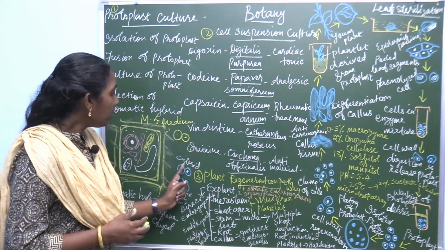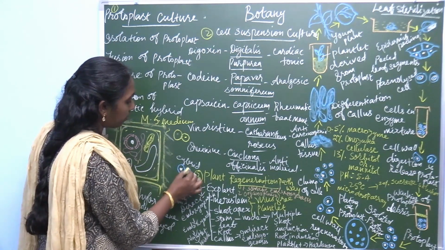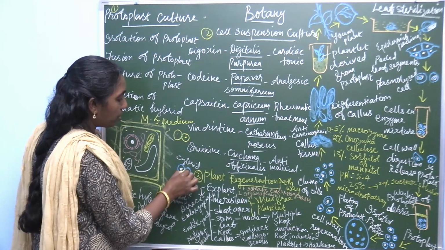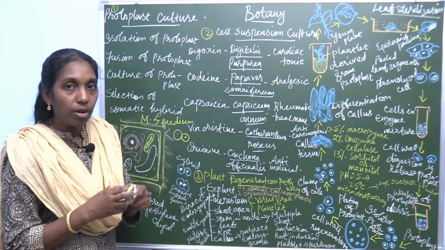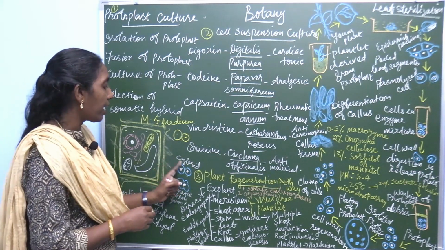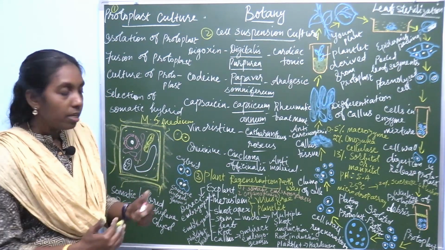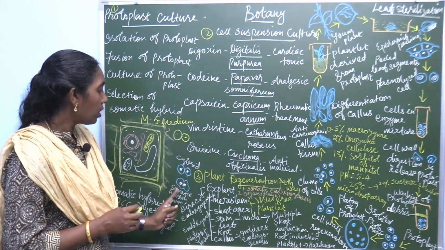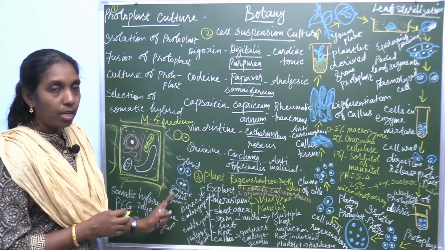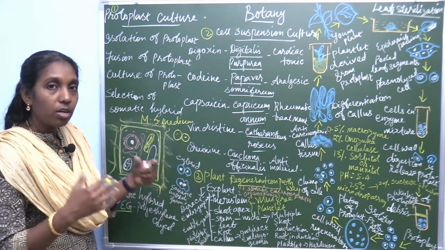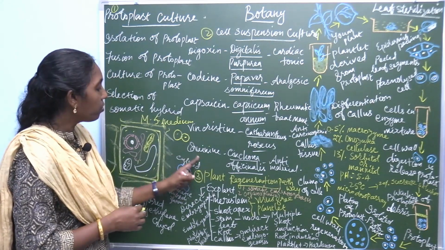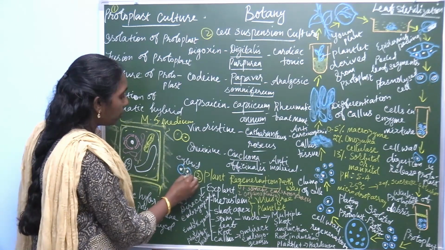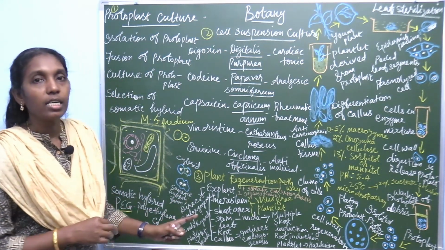A cybrid is formed when the cells fuse, the plasma membranes just randomly fuse together, without involving nuclear fusion. This is called a cybrid, followed by nuclear fusion. Then the nuclei fuse together. This process is called somatic hybridization. So from the protoplast, without nuclear fusion, the byproduct is the cybrid, and this is followed by fusion called somatic hybridization.